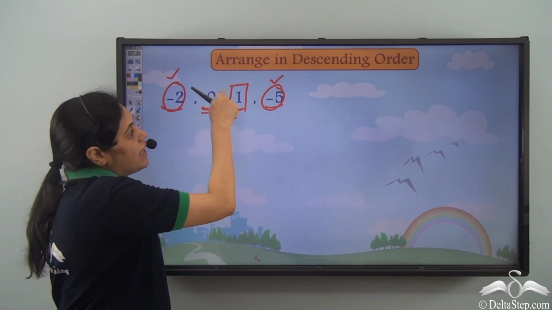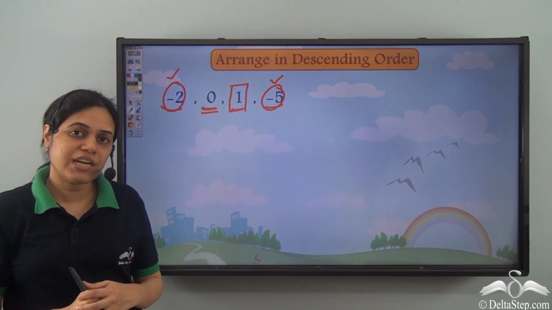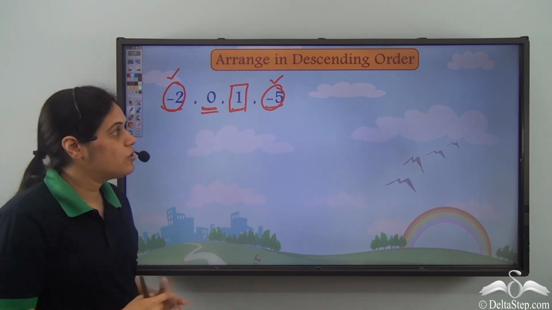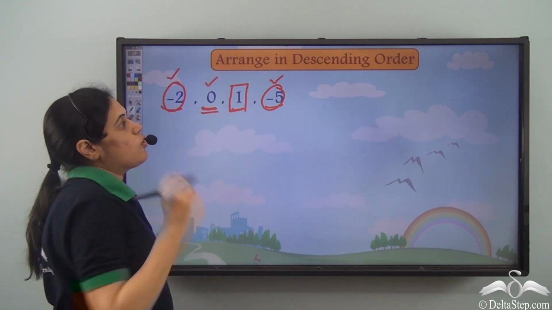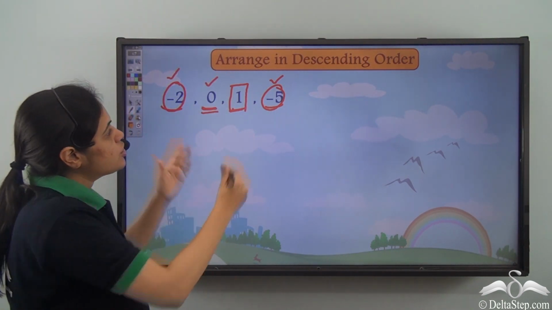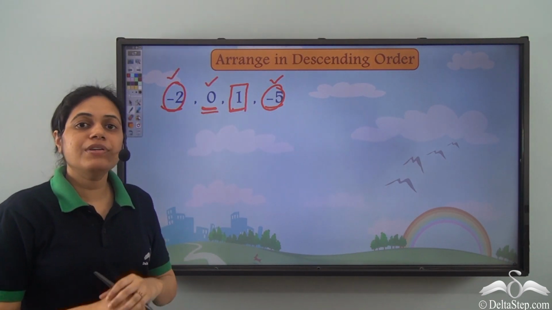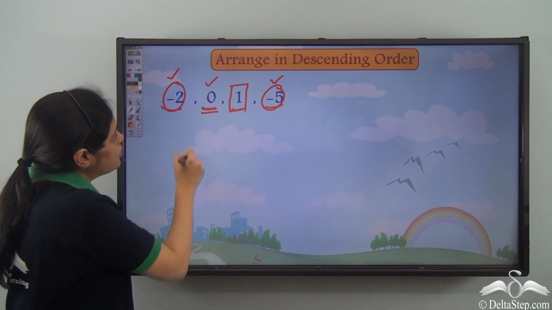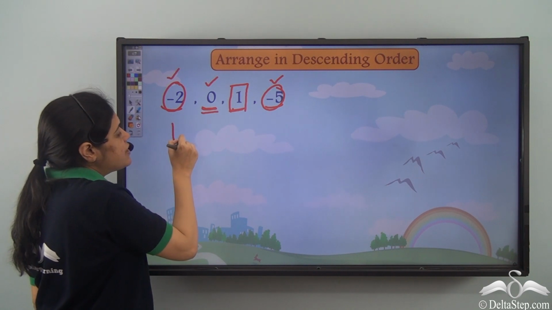Now between 1 and 0, which is greater? I know that 1 is greater than 0. So among these four numbers, 1 is the greatest number or the largest number. So 1 will come first.